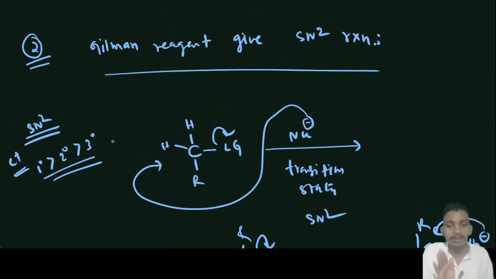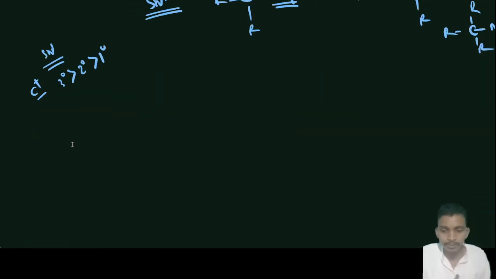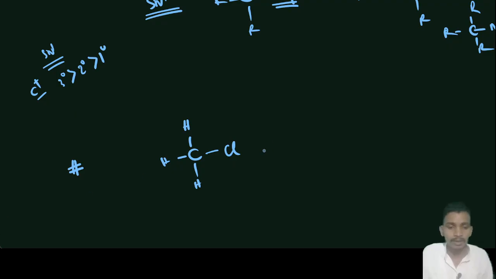Let's say we have this carbon with H here, H here, and a leaving group, let's say chlorine. Now we give a Gilman reagent, R2CuLi, which actually gives R minus.